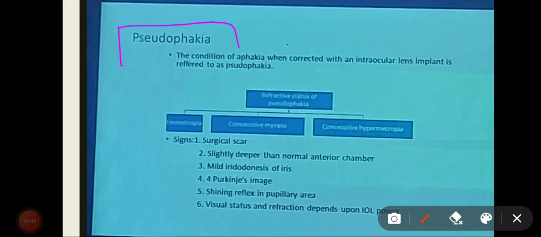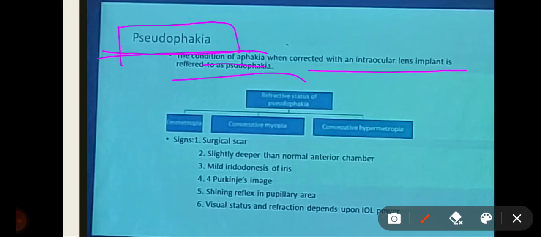Next refractive error is pseudophakia. Pseudophakia is the commonest condition of aphakia when corrected with an intraocular lens implant, and is referred to as pseudophakia.